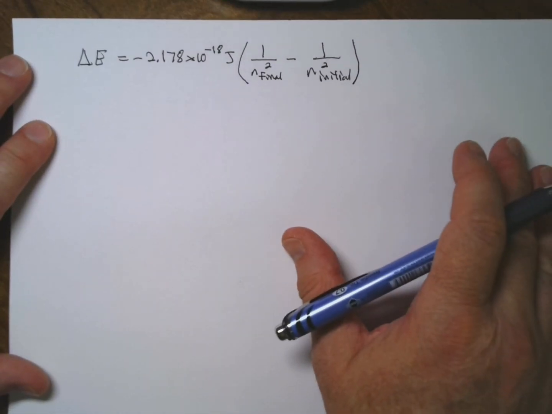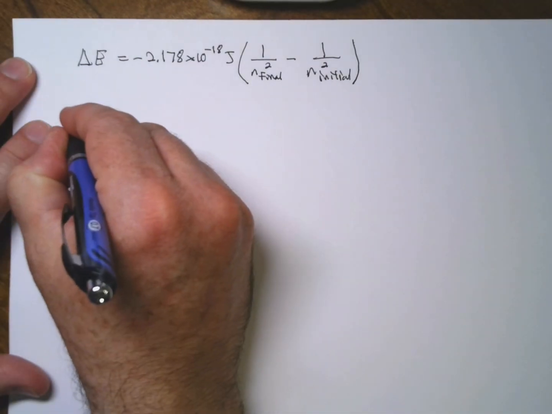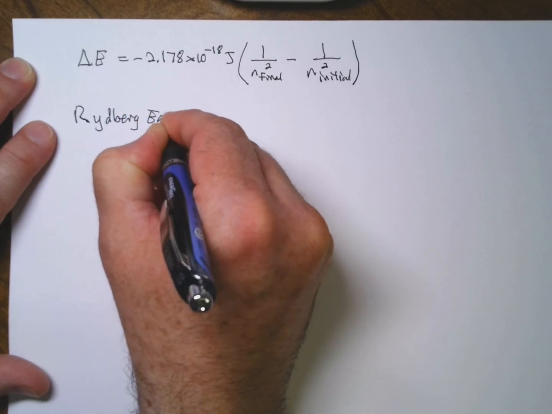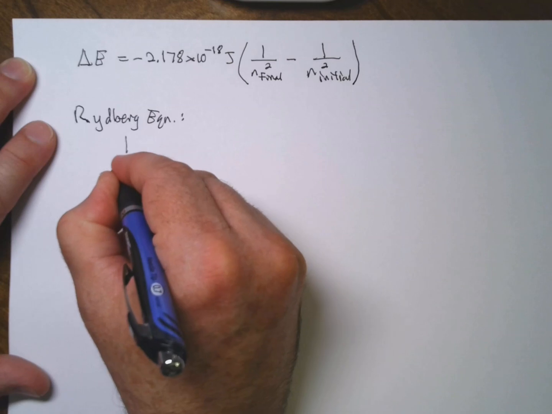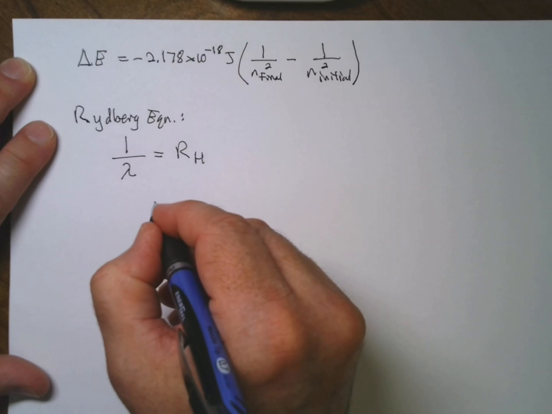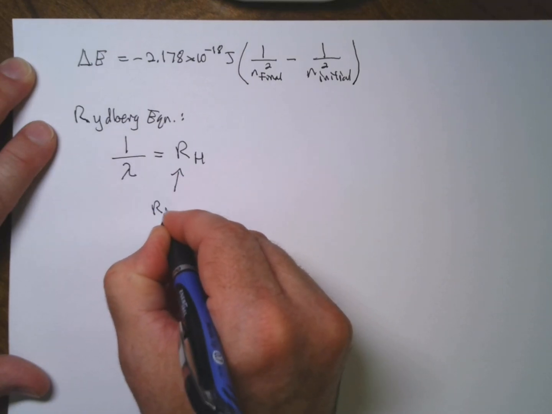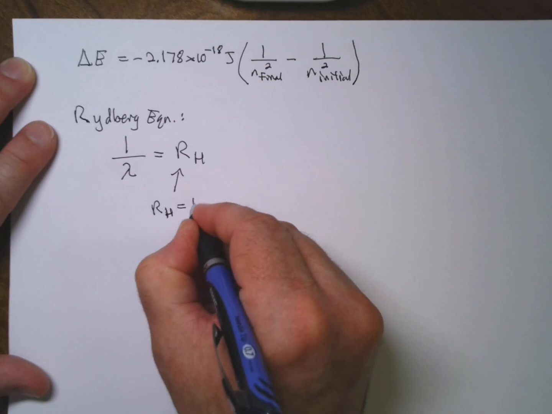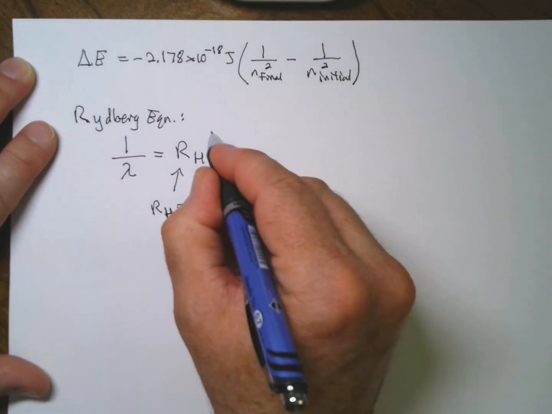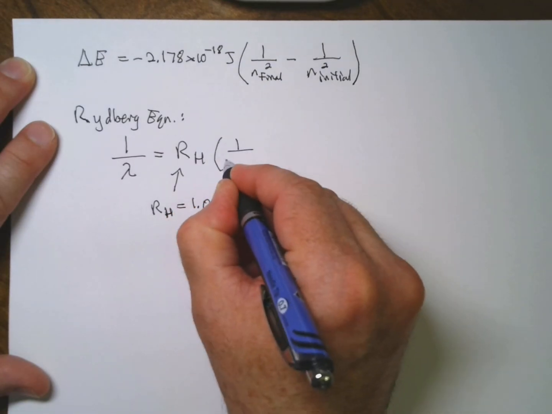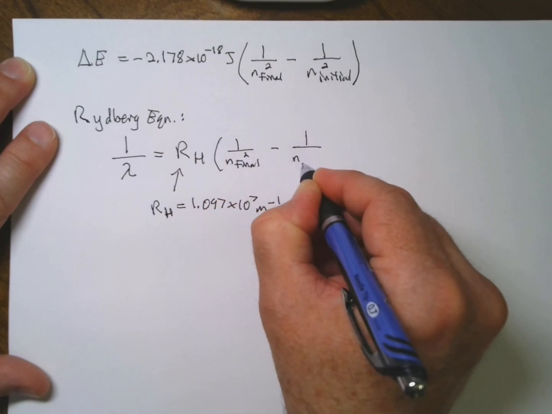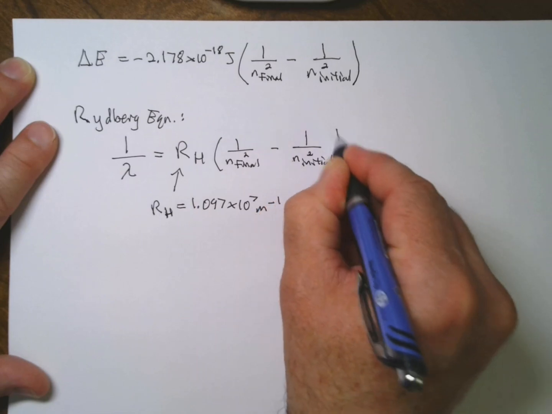This also gives us what's called the Rydberg equation, which is that 1 over lambda equals some constant called the Rydberg constant, RH, equals 1.097 times 10 to the 7th meters to the minus 1 times 1 over n final squared minus 1 over n initial squared.